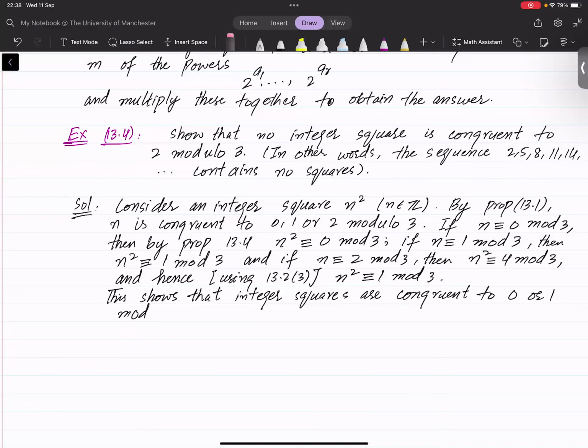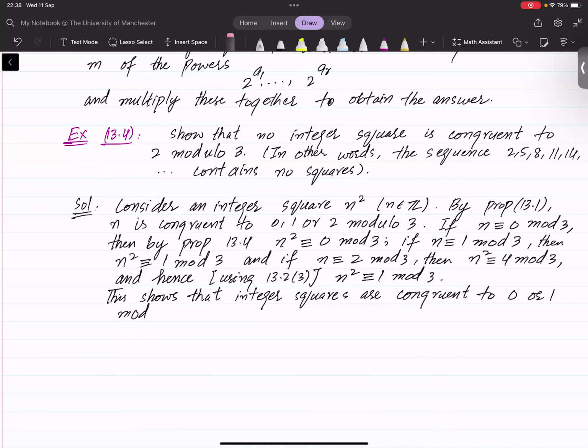So let n be an odd integer, okay, then n is congruent to 1 or 3 modulo 4.